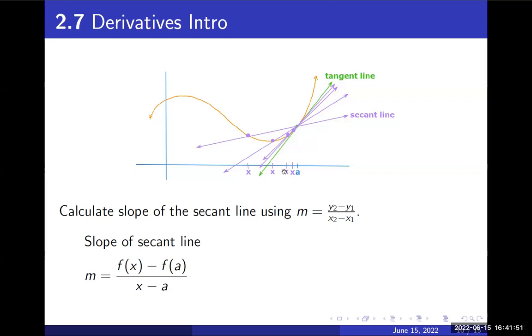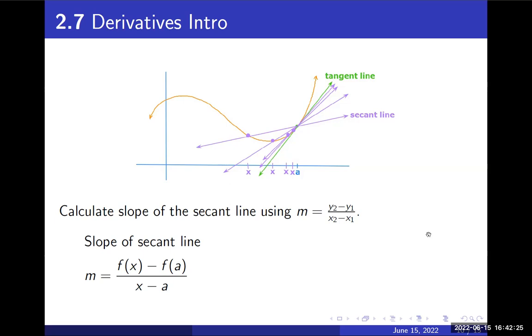So if we're using maybe that closest point here, just for an example, then wherever that point happens, the y value, that's y2, and the y value for a, that's y1. So the x values and their corresponding y values. There you go. The reason why we like to take x as the x2 is because we want the f of x and the x to come first and the f of a and the a to come second. That's the only reason why.